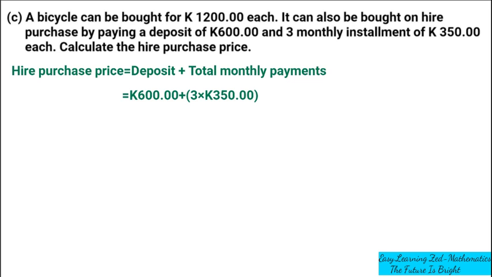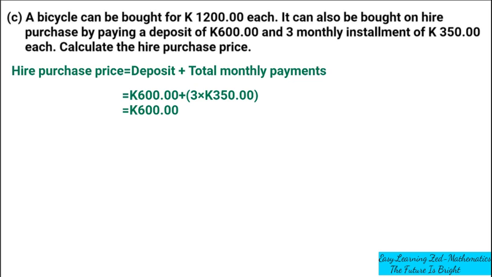Then we're going to write 600 kwacha because we need to evaluate first what is in the brackets. So we're going to say equal to 600 kwacha, then 3 multiplied by 350 kwacha gives us 1,050 kwacha.